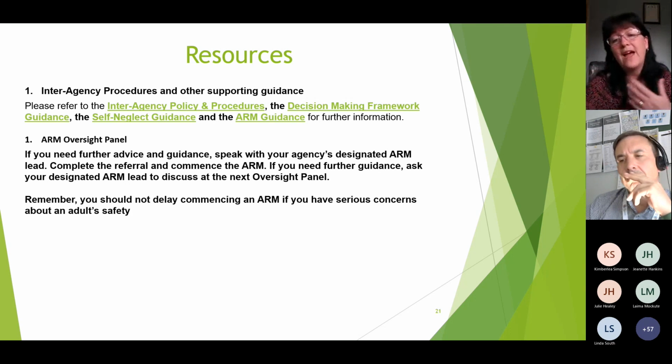I know for adult social care, it's Katie Brown, but lots of organisations have their leads within that. And also on the Adult Safeguarding Board website, there are safeguarding leads identified for various different organisations. So please do make use of them.